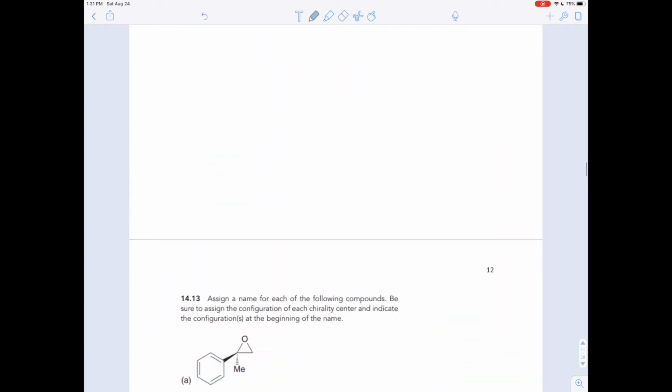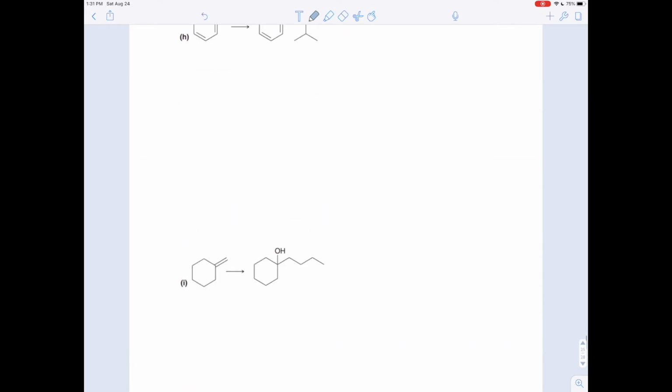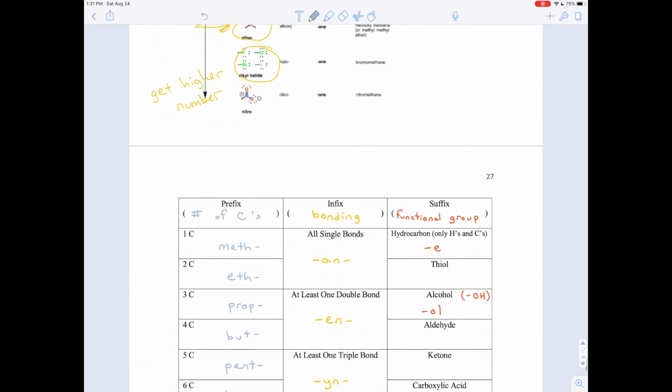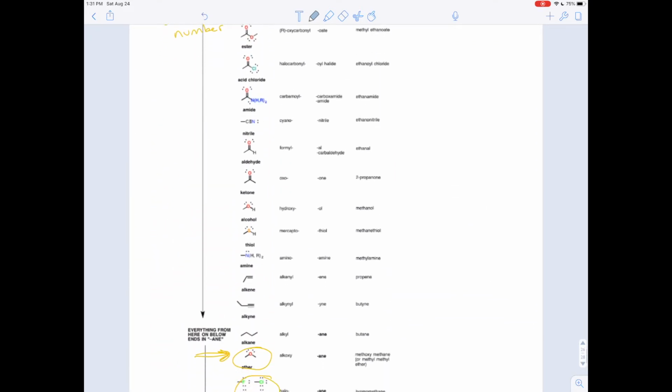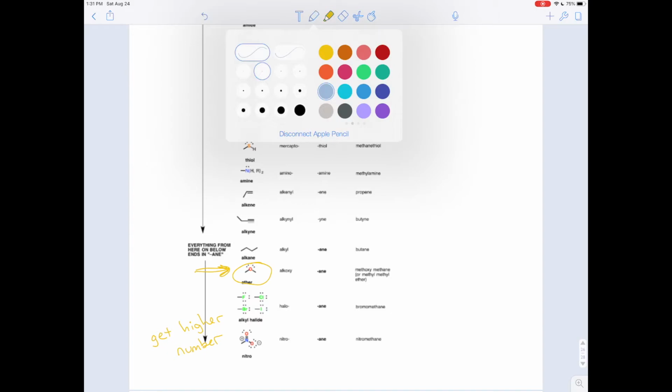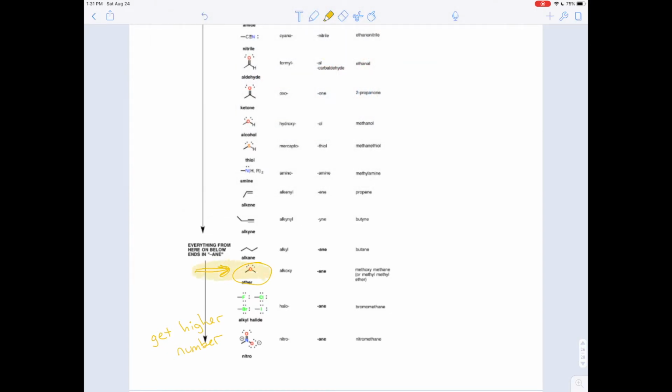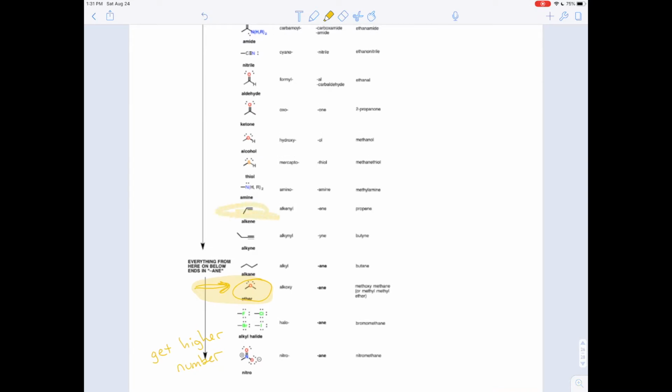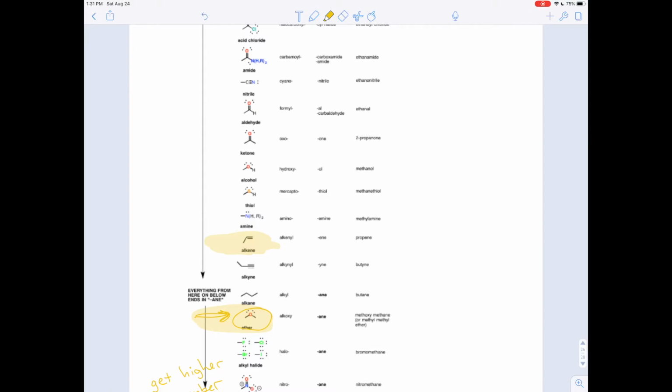So if you had to give a lower number to a double bond or an ether, which one should get the lower number? Well, notice we have our ether here. This is the importance of the ether, and double bonds are above it, the alkene. So if you had to choose, the double bond should get the lower number.